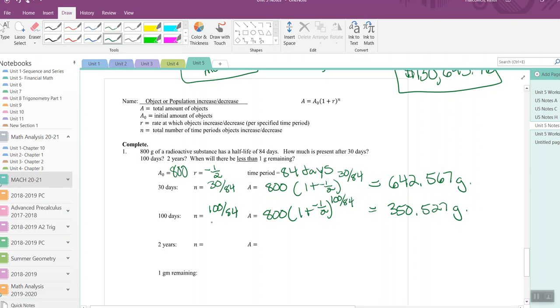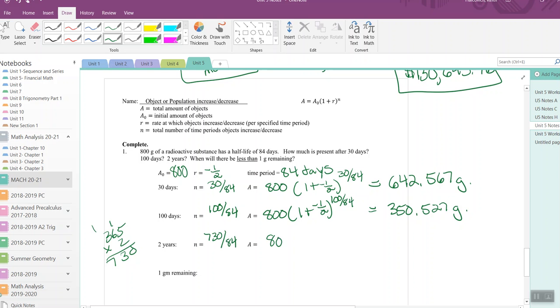After 2 years, well, 2 years, remember, that is 720 days, I believe, because you go 365 times 2, so actually it's 730 days, so it's 730 over 84.